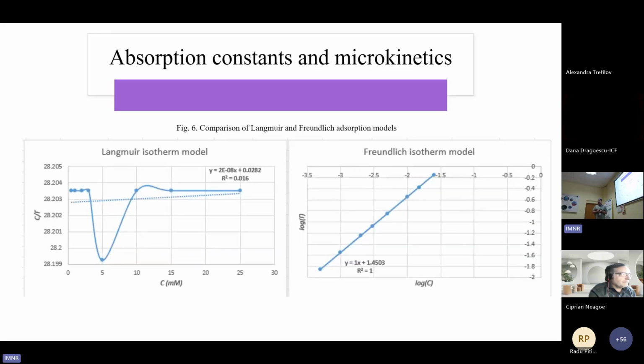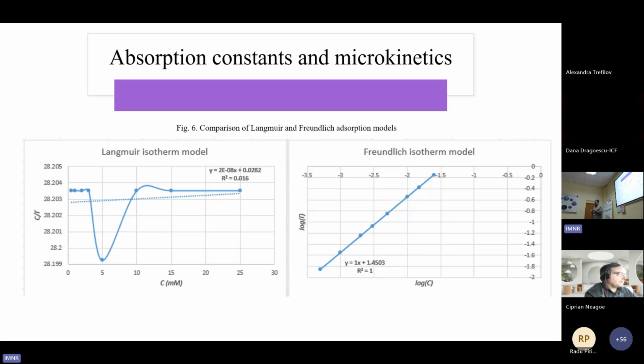For the adsorption constants, I tried the Langmuir isotherm model, which is the basic model for adsorption. However, as you can see, the data did not give us anything good. So I tried an alternative model, the Langmuir-Freundlich isotherm model, which gave us very good results.